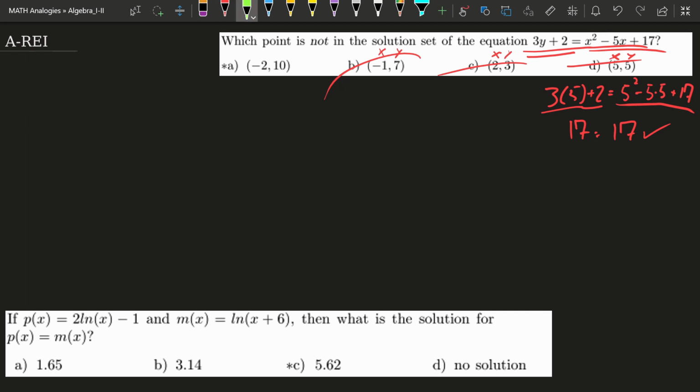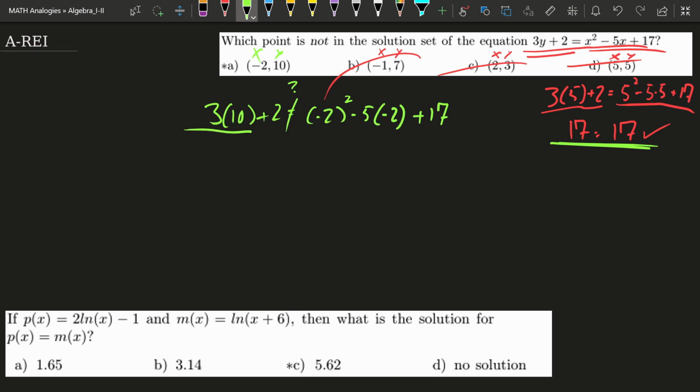Now, when we use choice A, the difference is we won't get a match. That won't happen this time. So how about 3 times y is 10, and then we have plus 2. Is that really not the same as when we use x is -2? So we'd have -2 squared minus 5 times -2, and we would have plus 17 still.